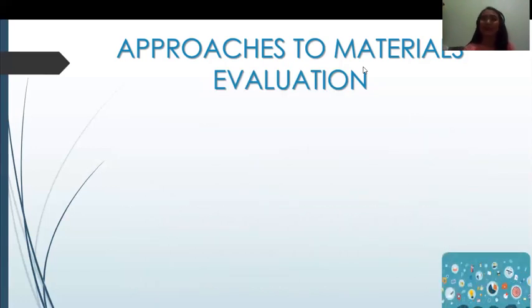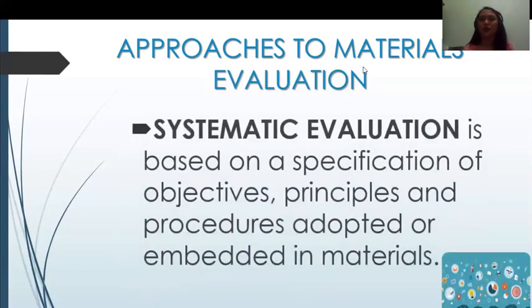On the other hand, we have another approach known as systematic evaluation. So it is based on a specification of objectives, principles, and procedures adopted or embedded in material. So from the word systematic, there is a system compared to the previous approach, which is the ad hoc impressionistic.